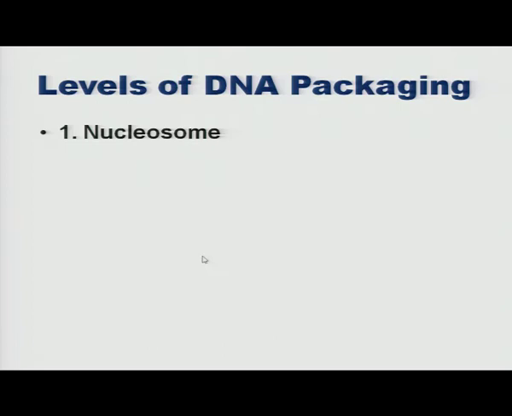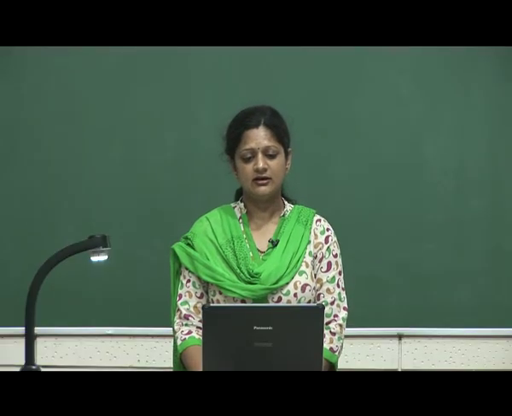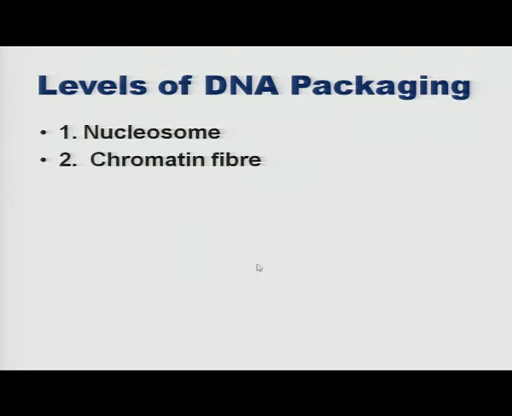The first level is the formation of the nucleosome. A nucleosome consists of histone proteins and DNA which is wrapped over the histone protein. The second level is the formation of chromatin fiber. The nucleosomes get compact to form chromatin fiber, and our genetic material in various phases of the cell cycle appears in fiber structure.